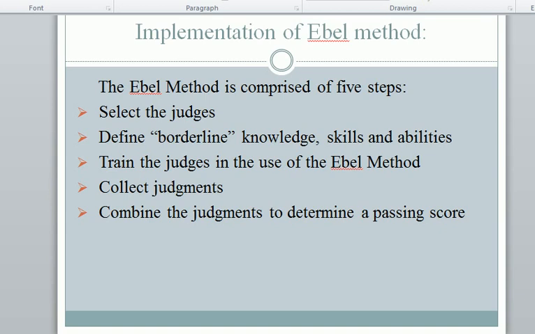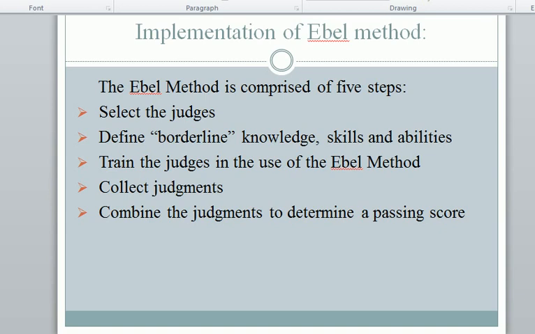So these 3 borderlines he used for this method of standard setting. And like other methods, Ebel also trained the judges in the use of the Ebel method.